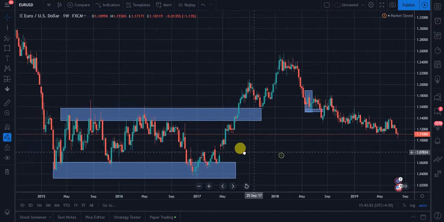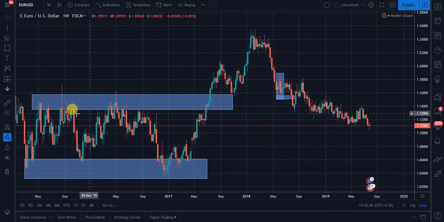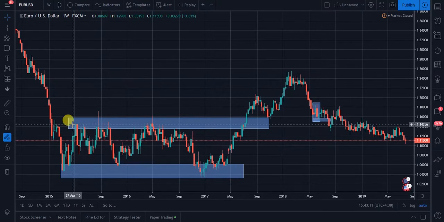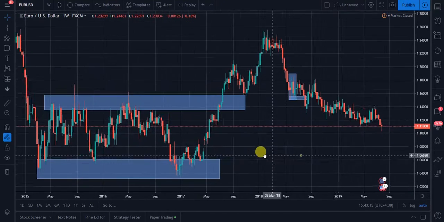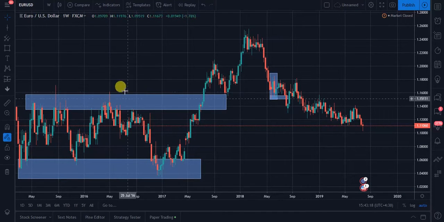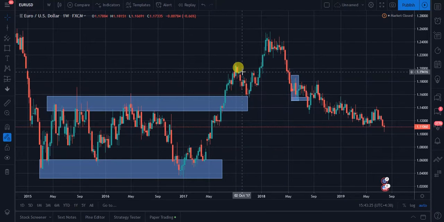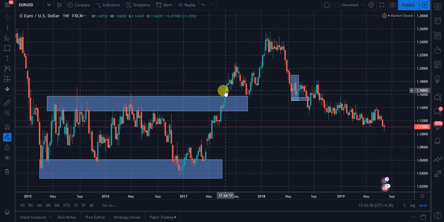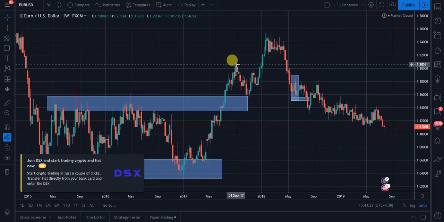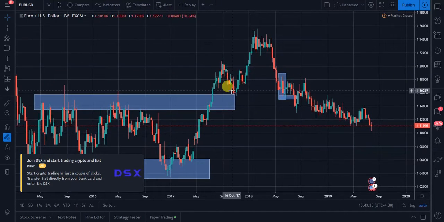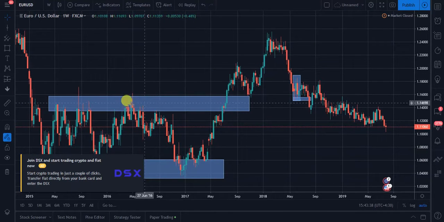Okay, hope you understand what I am talking about. These highs are resistance zones. Remember, highs are resistance and lows are support. So these highs, the resistance, change to support in the future. For example, here a breakout appears and price goes up, then comes back down and tests this level.